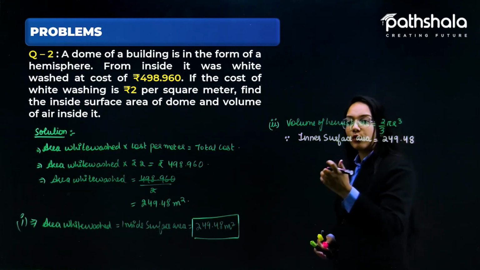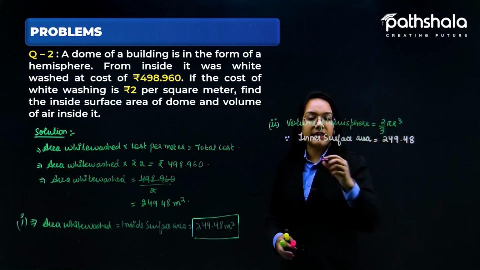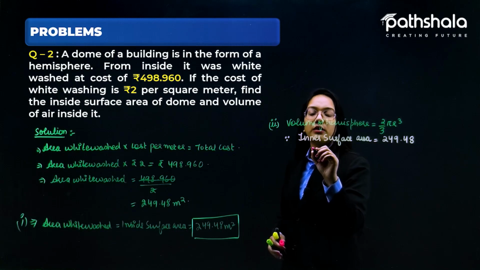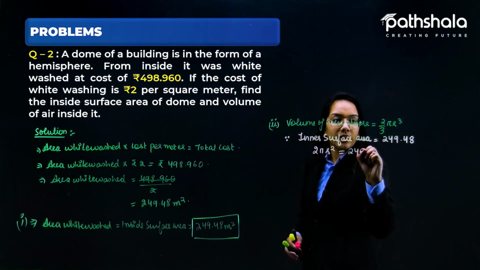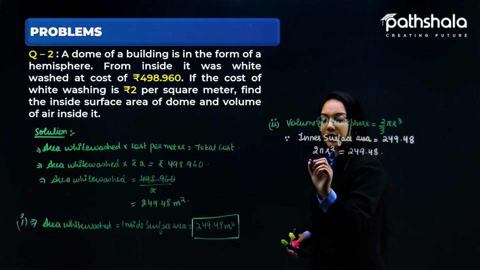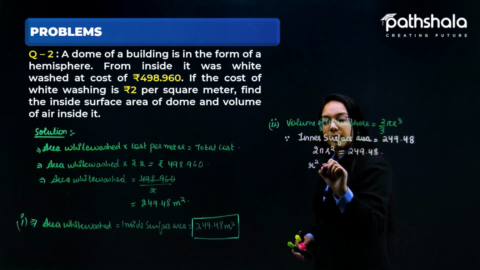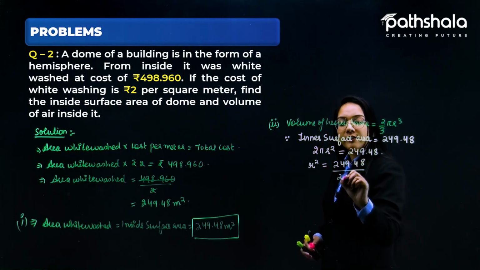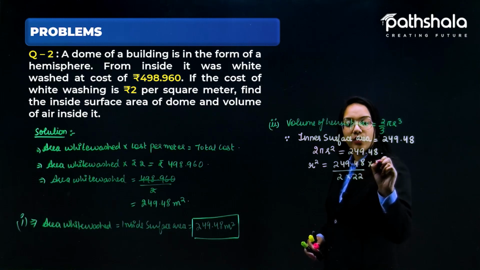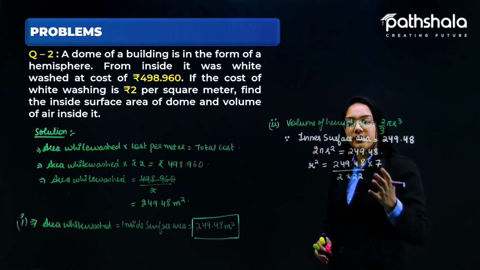The inner surface area of the dome is 249.48, which we already calculated, and the inner surface area of a hemispherical dome is 2 pi r square. So 249.48 divided by 2, using pi as 22 by 7, we can calculate the radius.